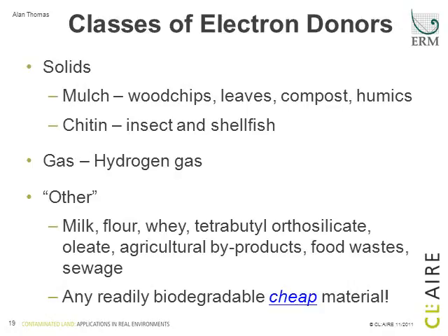Direct addition of hydrogen gas has been proposed in a number of technologies. And then there's a whole range of other potential options, and really any biodegradable cheap material could be used, obviously subject to regulatory approval and agreement. But again, what I'm trying to demonstrate is that there's this whole spectrum of potential approaches.